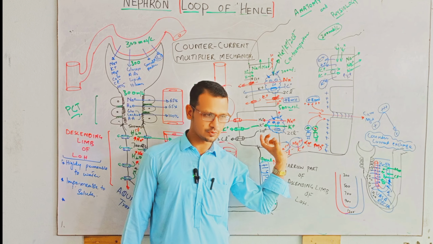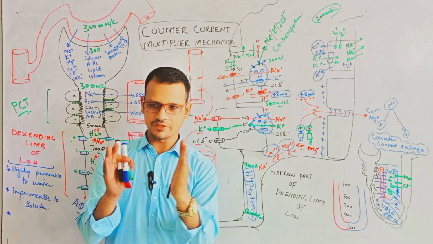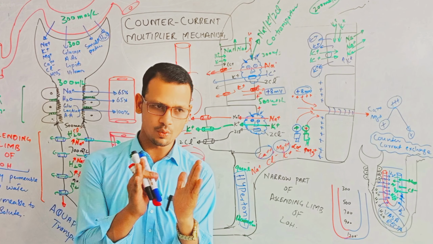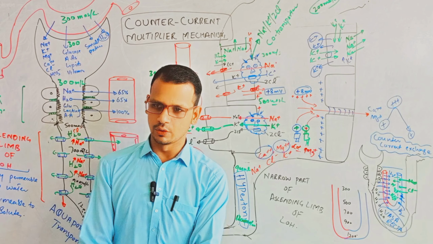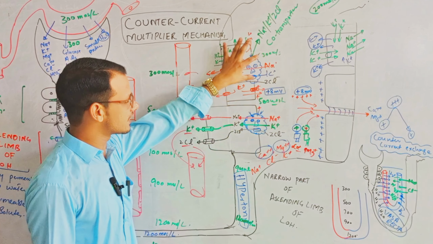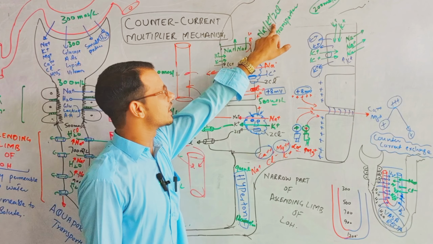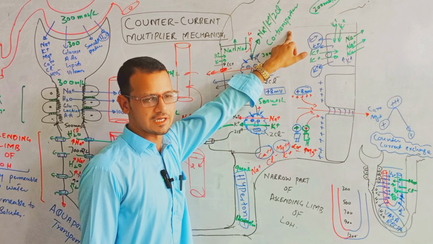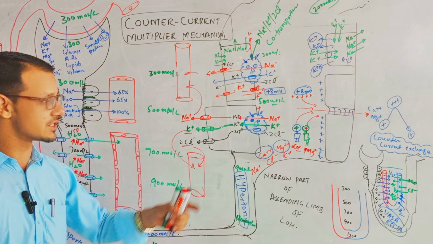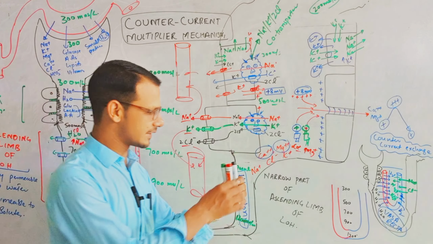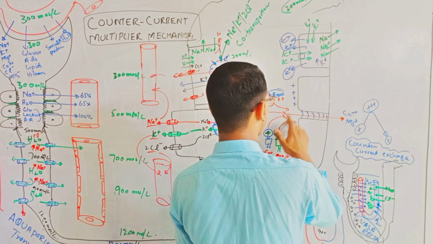What is the speciality? The ascending limb is impermeable to water and the descending limb is impermeable to solutes. And what is the special transport here? The sodium potassium 2 chloride co-transporter. What is the clinical importance of this transporter?